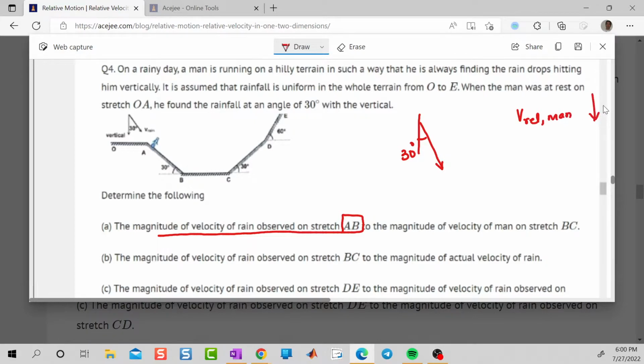At least the direction is vertical, right? And how do you find the relative velocity of raindrops with respect to man? There'll be V rain minus V man. Now we know V man is running along the slope like this. So what will be V man? V man will be pointed like this. Okay?